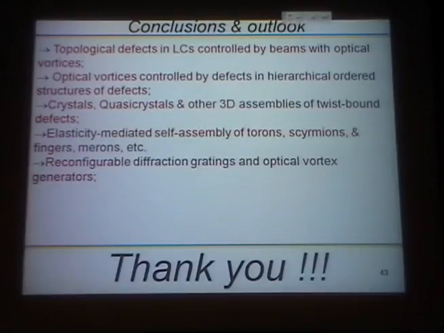So you have a director configuration, and the refractive index, as we again saw from tutorials during the summer school, is dependent on the direction of light propagation compared to the director field. So it will see the refractive index contrast, and that contrast is up to delta n of the material, right?